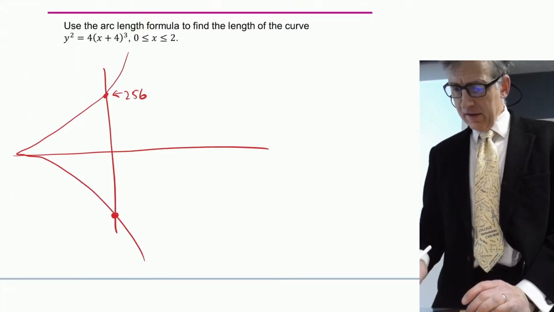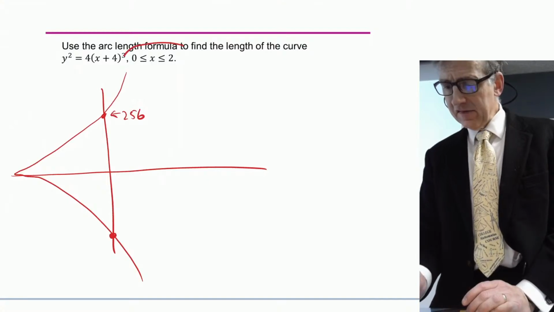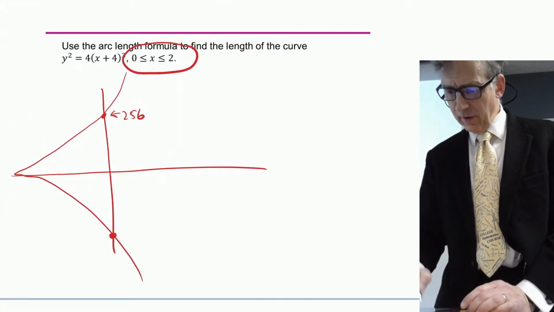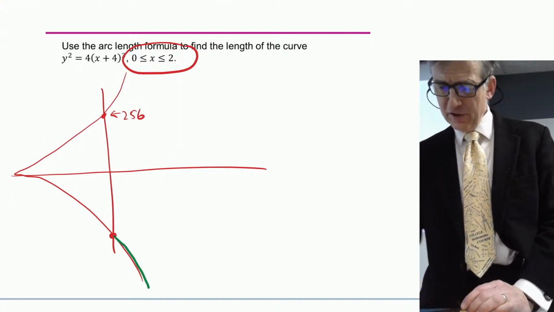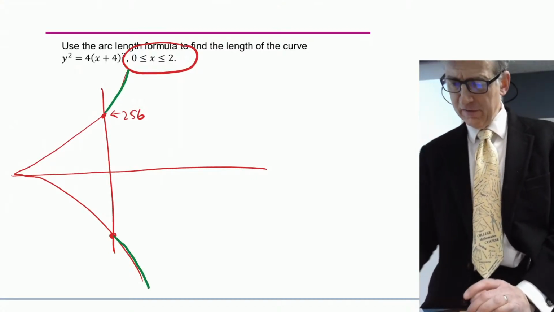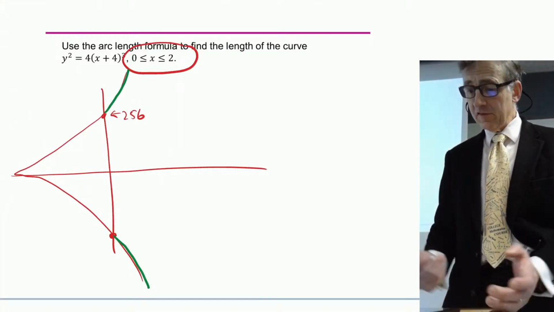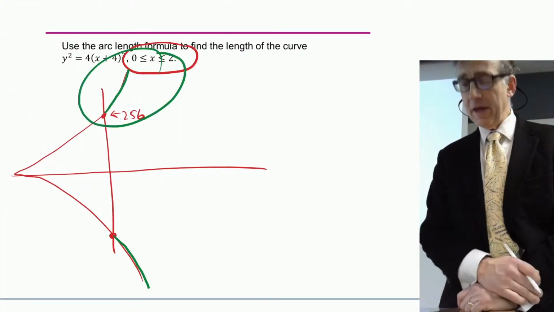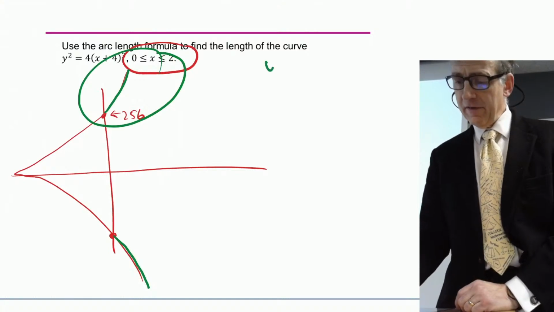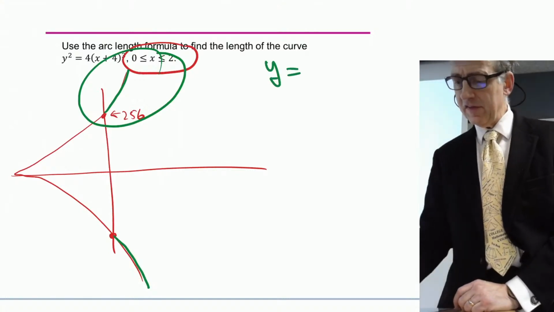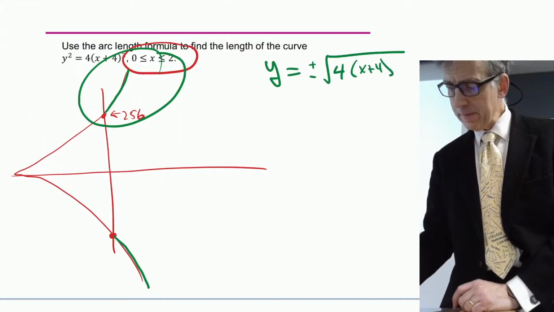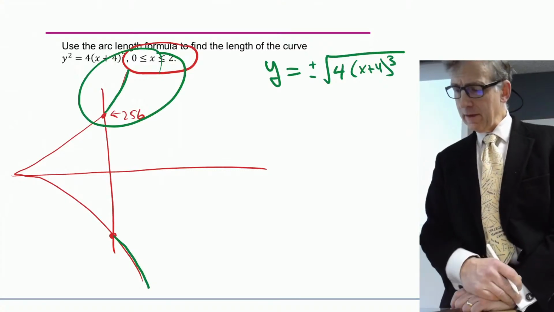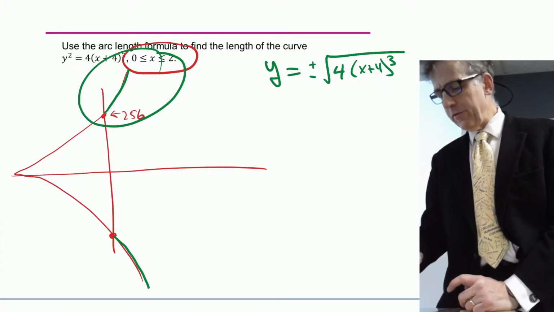So you've got this weird curve here that goes back. So when we say x is between 0 and 2, which of these are we talking about? You've got this branch and this branch that goes in 2 different directions. So I'm just going to focus on this one up here. If you take the square root of both sides, you get both of those branches.